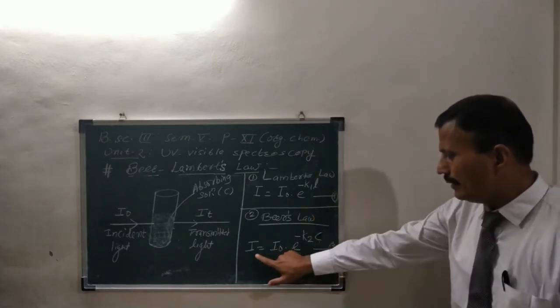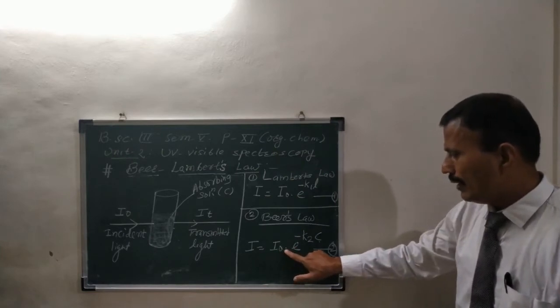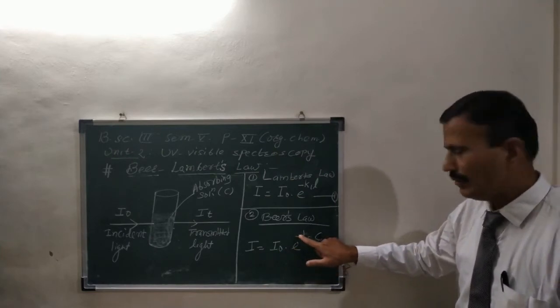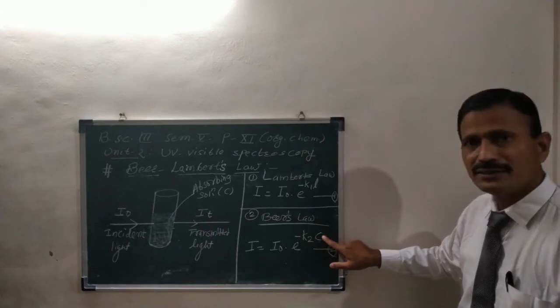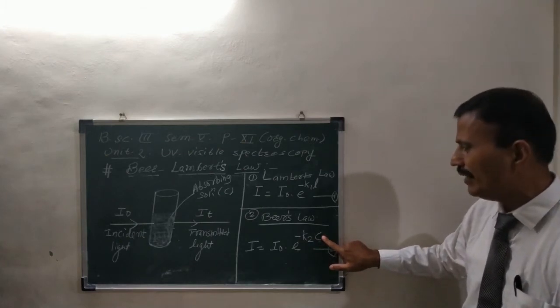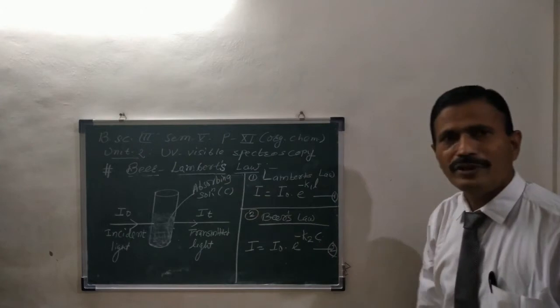So here it is I is equal to I0 times exponential function of minus K2 C, where C is nothing but the concentration of the absorbing solution.